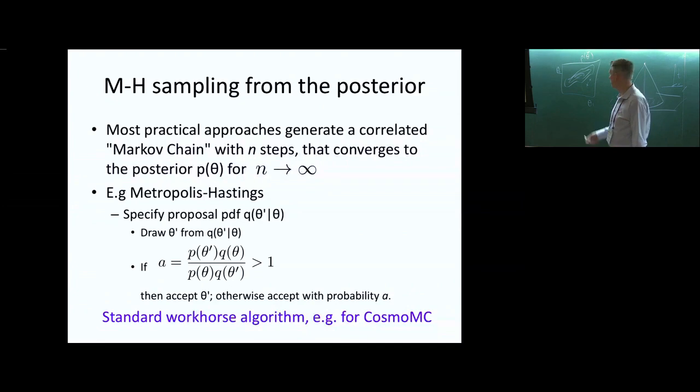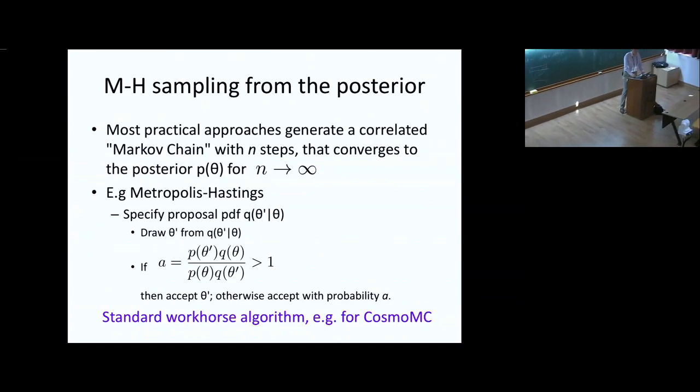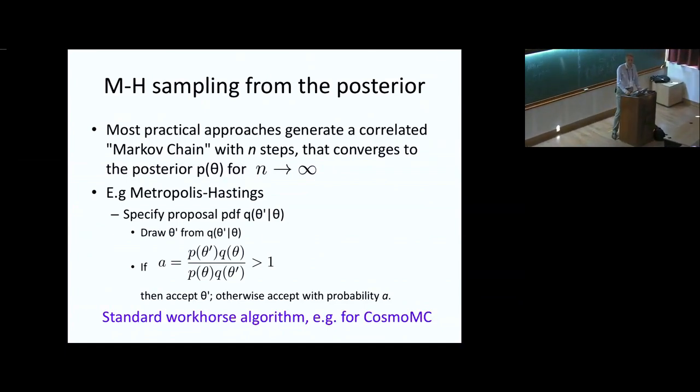If you do accept the move, then you move. If you don't accept the move, you still have another point, but it's going to be there. Okay, that is the standard workhorse algorithm, for example, used in CosmoMC and many other packages for doing Markov chain Monte Carlo in cosmology.